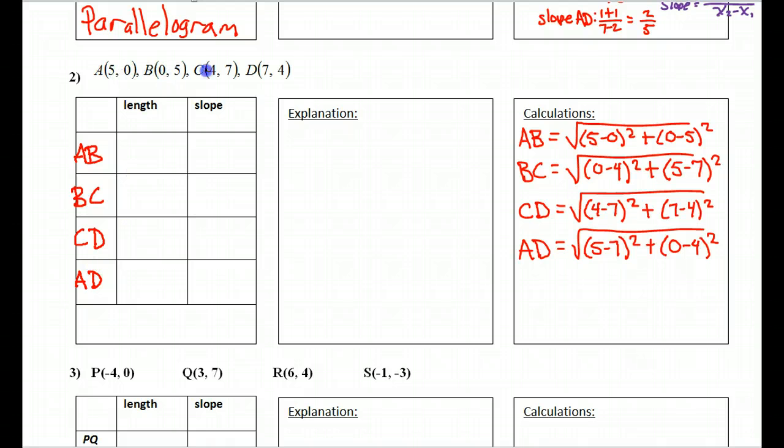Okay, AB, BC, CD, and then A to D at the end. Okay, so these lengths turn out to be 5 radical 2, 2 radical 5, 3 radical 2, and 2 radical 5.